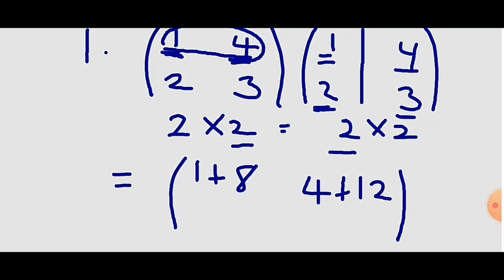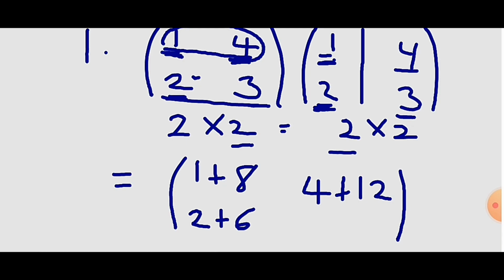So the remaining row here is 2, 3. Multiply with all the columns again. The first one should multiply the first one in the column. So 2 times 1, you get 2, plus 3 times 2, you get 6.